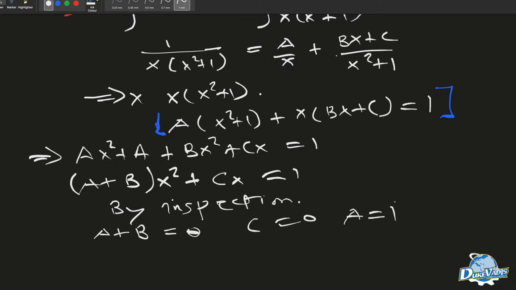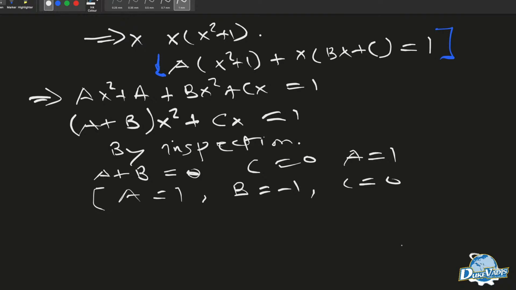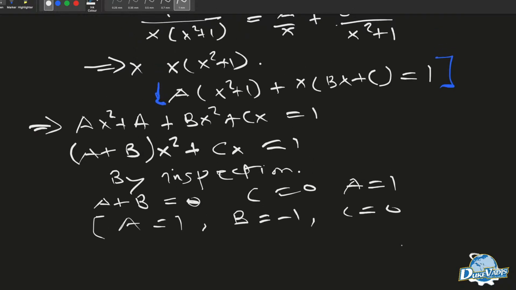So let's put back our equations, as we now know the value of A, which is 1. When we substitute A into this equation, we get B to be equal to -1 and C is 0. Let's put the equation back into the partial fraction.